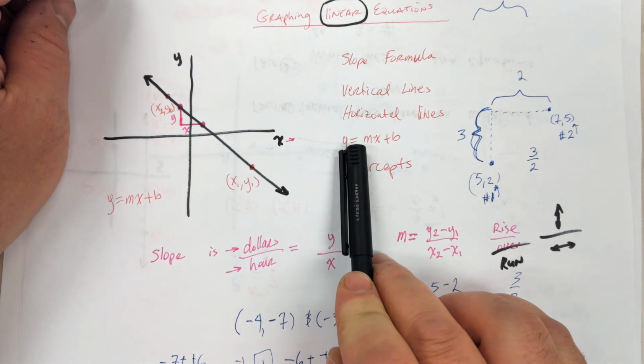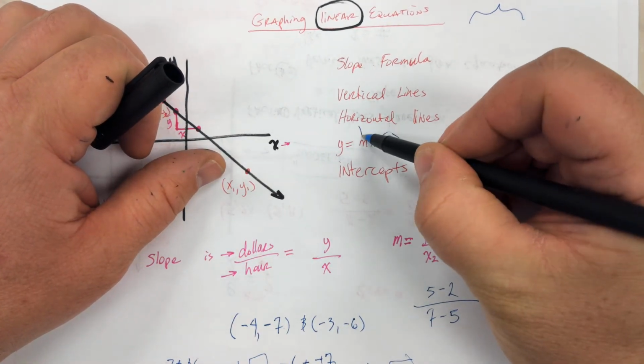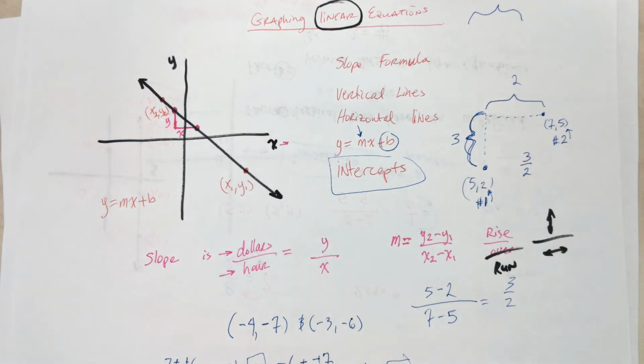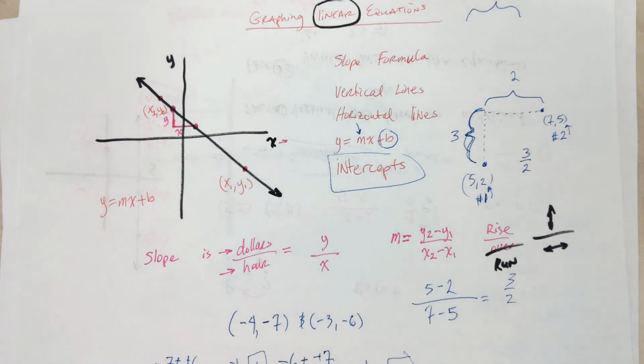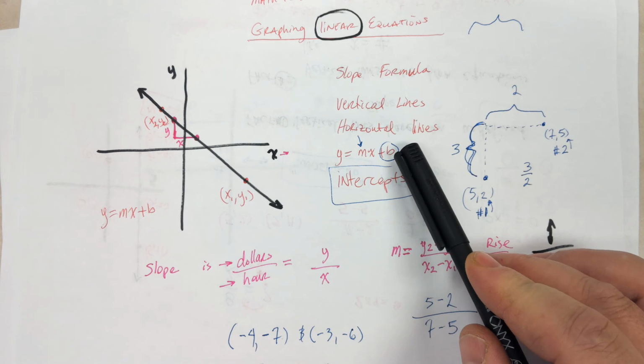And we talked about y equals mx plus b, how you can start with your y-intercept, and then you can count your slope. And then we talked about intercepts, that's what we just did. And then we talked about what to do if you forget all of that: you just do the T-chart. Now, going back to that formula, what's that one called? Slope intercept form.